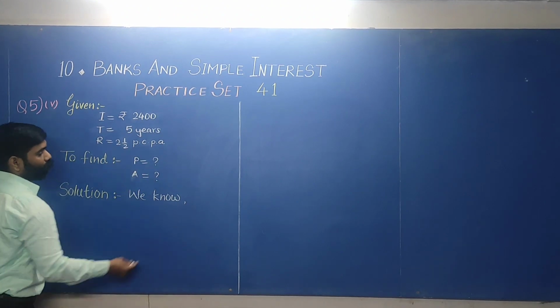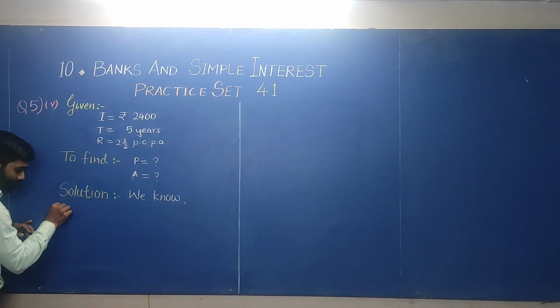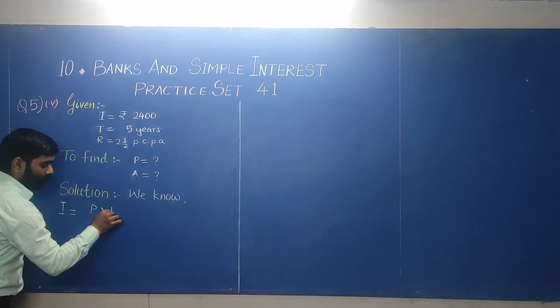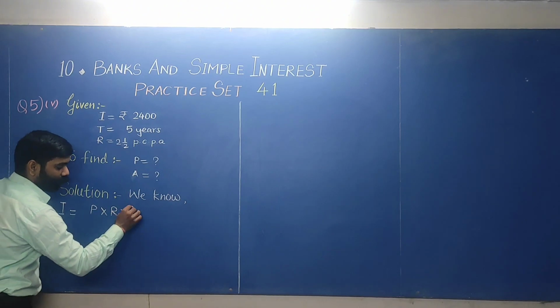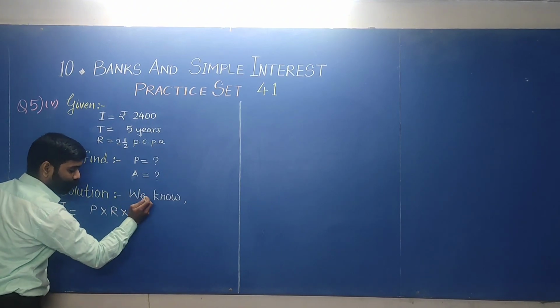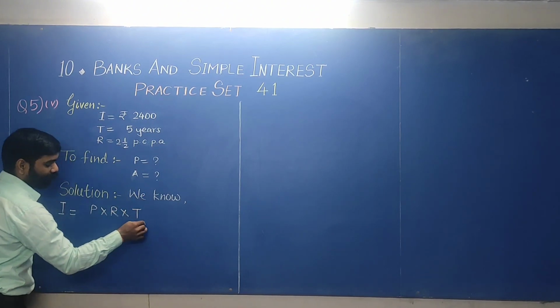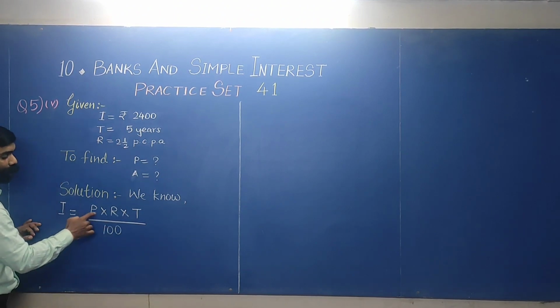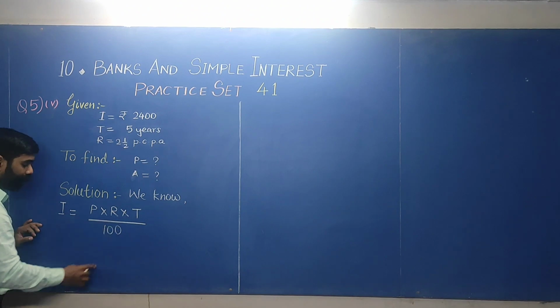Let's see, we know the formula for interest. Since this is the last sum of your chapter, I hope you remember this formula: P into R into T upon 100.